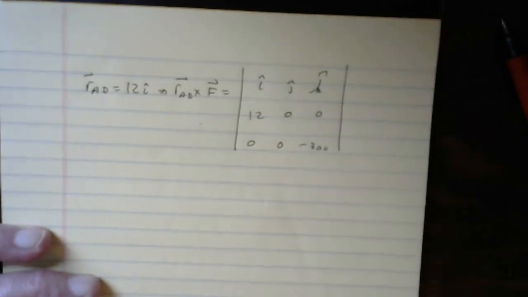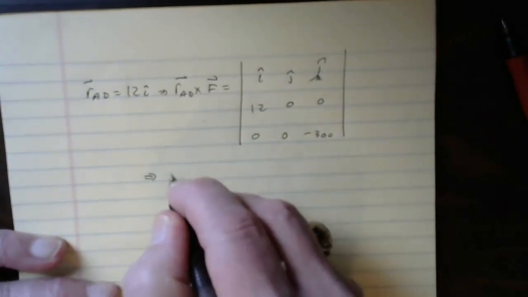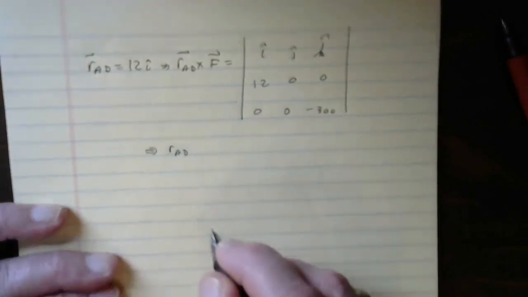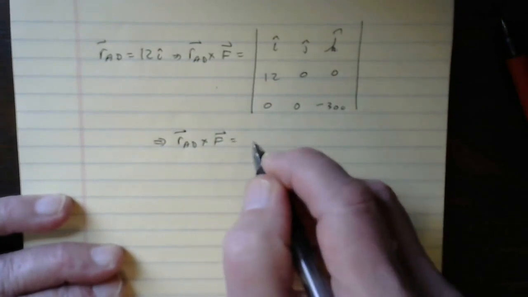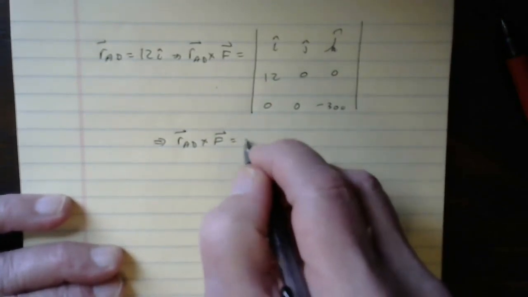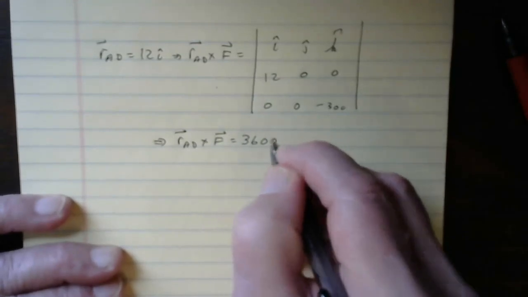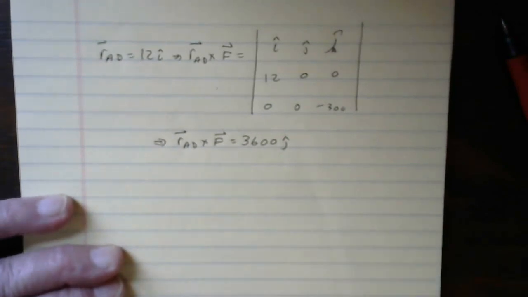If you expand that, you get R_AD cross F is equal to, I'm sorry, not minus 3600, is equal to 3600 J. And if you look at this, this makes sense.